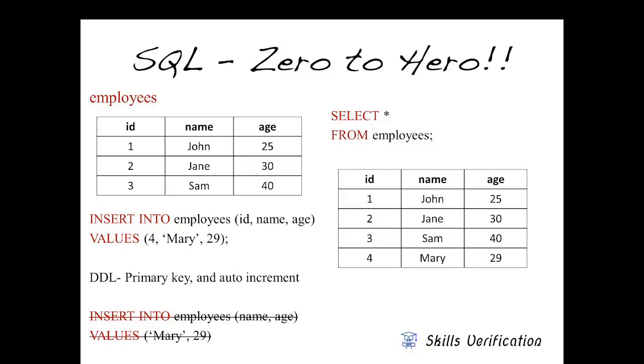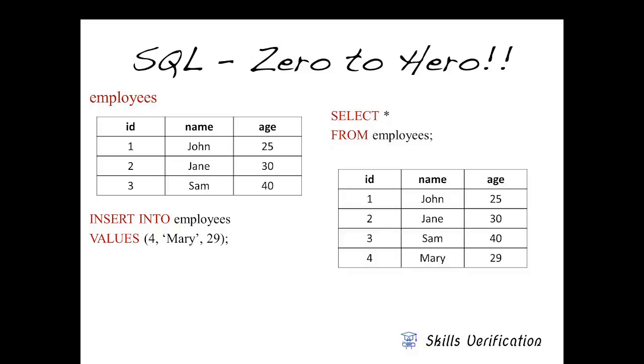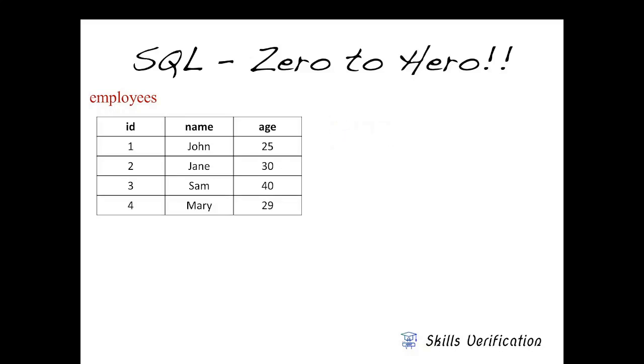However, also note that if we are inserting into all columns of the table, we can decide to leave out the column headers and just move on to specifying the values such that they cover all the headers and make sure the values are in the order just as the column names. You can now take a look at our updated employees table after including Mary's record.